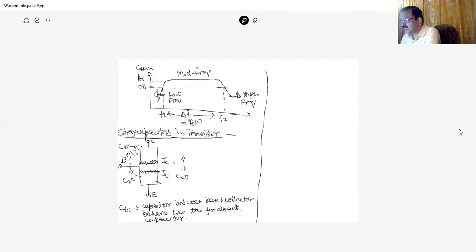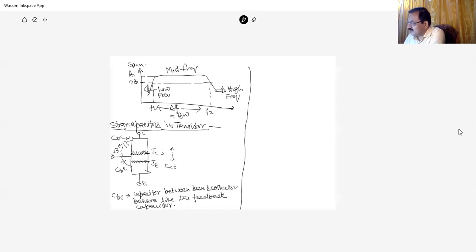So we can draw this part as the capacitors in the circuit.